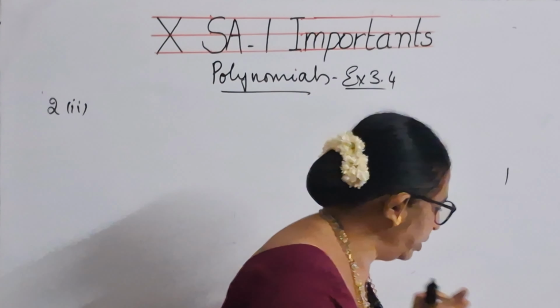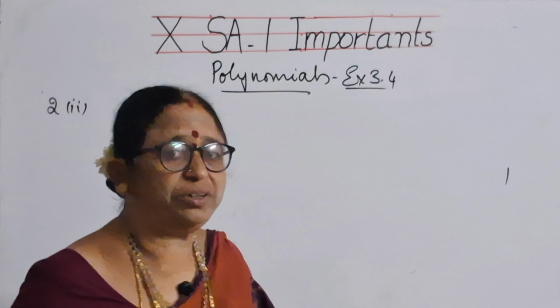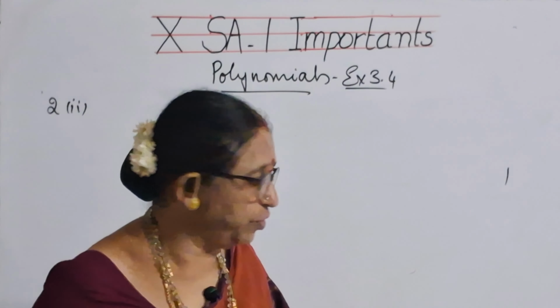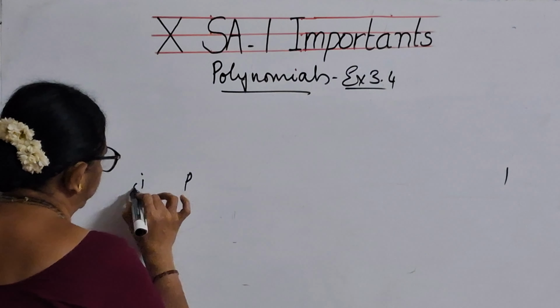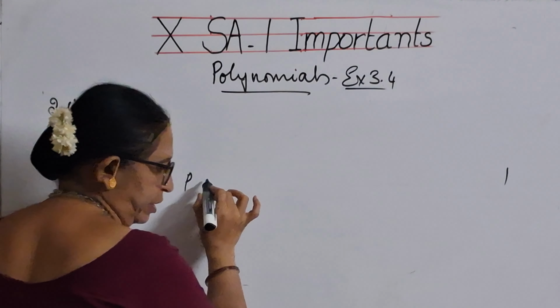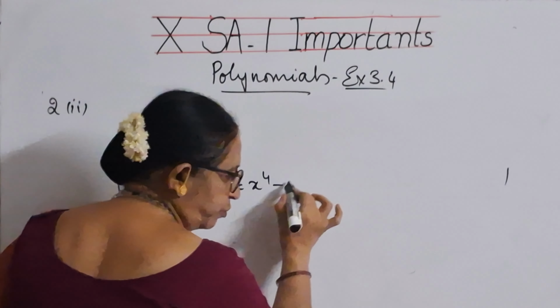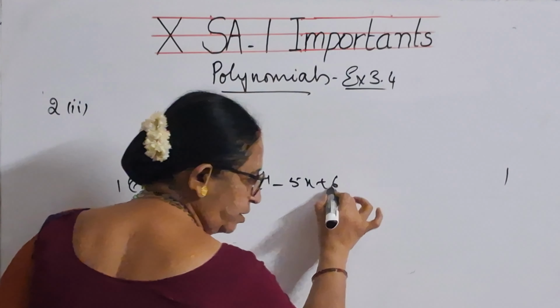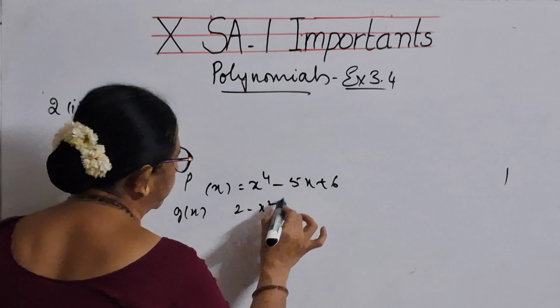Let me explain the third bit. It is not there in important questions, but in case you get it, see children, you have got the third problem of first bit. Just an explanation I wanted to give, children. P of x is x to the power of 4 minus 5x plus 6 and g of x is 2 minus x square, children.